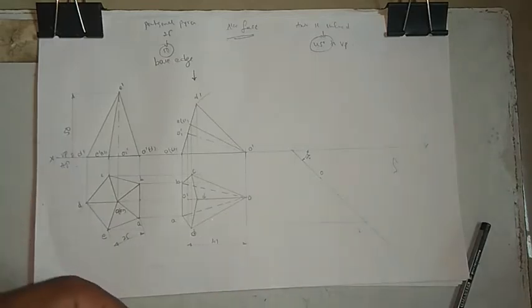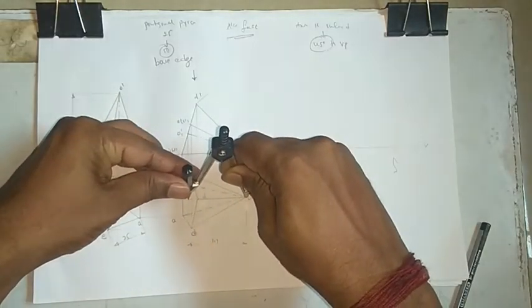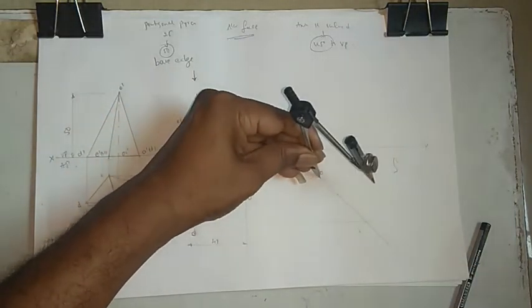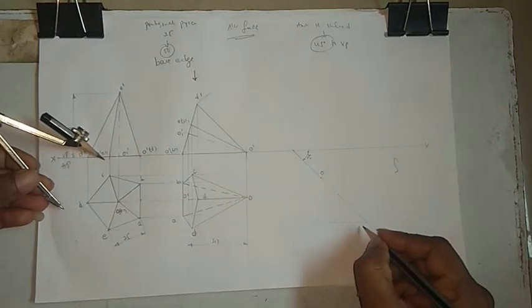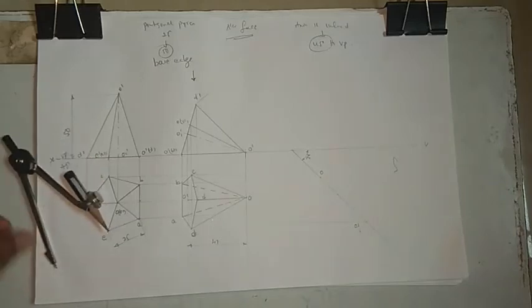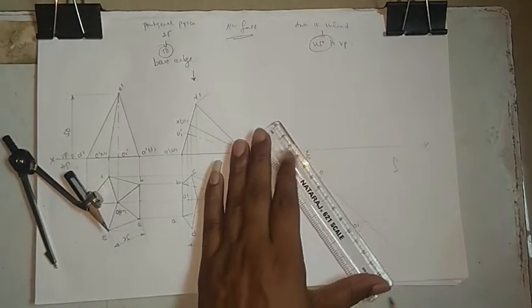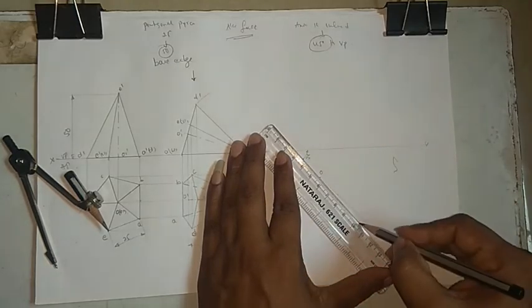Next we'll take the second axis line, that's 47. Okay, so from the same reference point we'll cut it on the horizontal line. So now this is our O1. Okay, so when this one is done, just drop a line from O1 through O till XY line.